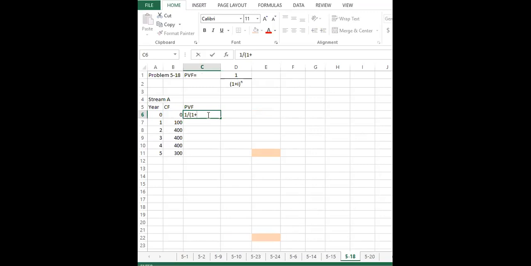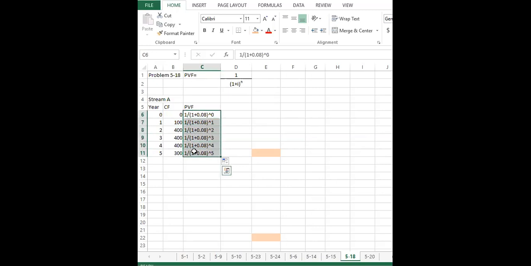Okay, 1 plus 0.08, raised to n. Now you can see here, first year the n is 1, second year the n is 2, and third year the n is 3, fourth year n is 4, 5th year n is 5.